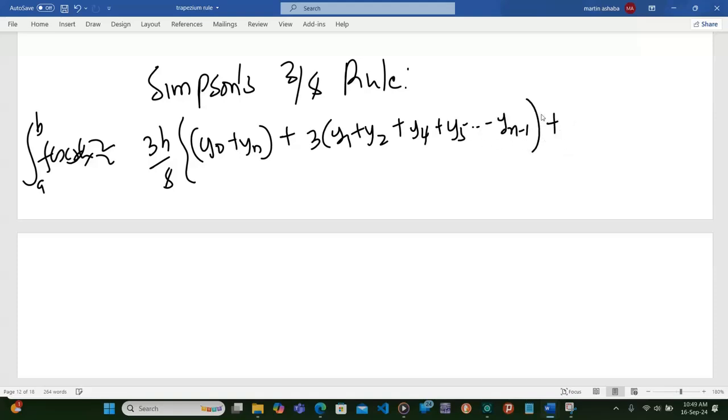Then we add twice of y3 plus y6, up to yn minus 3. This is the formula that we use.